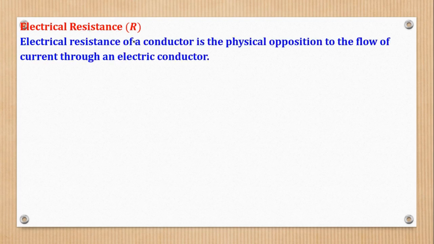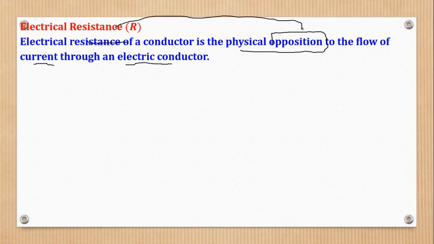And the electrical resistance of a conductor is the physical opposition to the flow of current through an electric conductor. So resistance is about opposition, opposing the flow of current through a conductor.